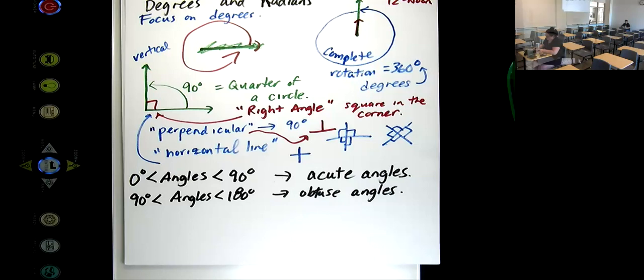I don't even think we call 0 an angle. 90 isn't called acute or obtuse, it's called the right angle.